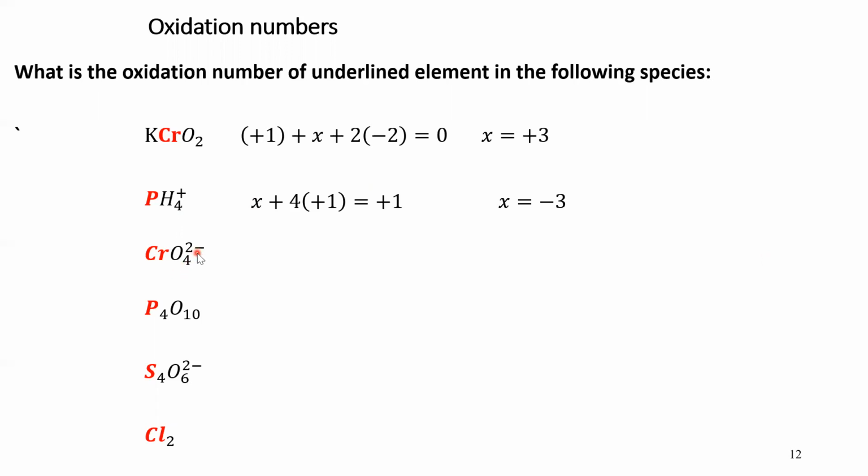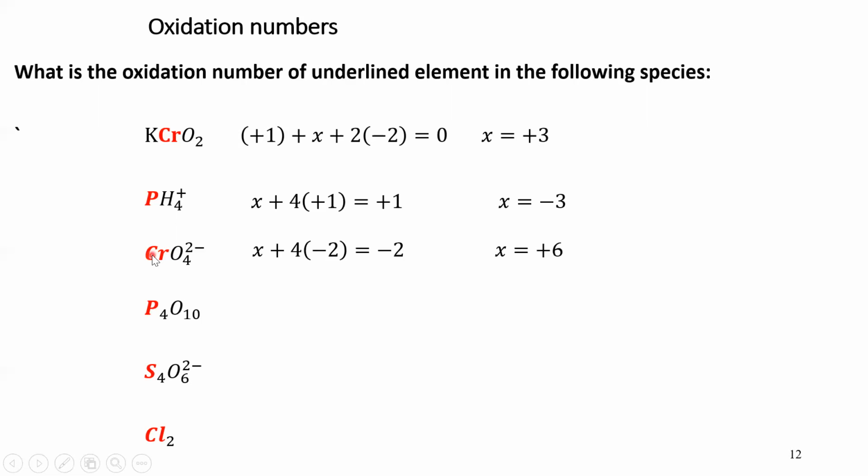Let's look at CrO4 2-. And you don't necessarily have to show any work. If you can do this in your head, that's great. Okay, we know oxygen is a -2, and there are 4 of them. We know the sum of the oxidation numbers for this ion is -2. What would chromium have to be?